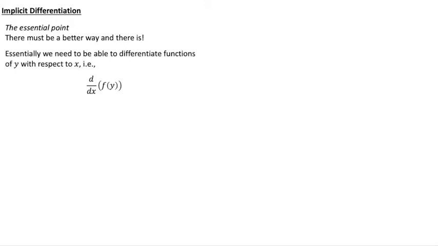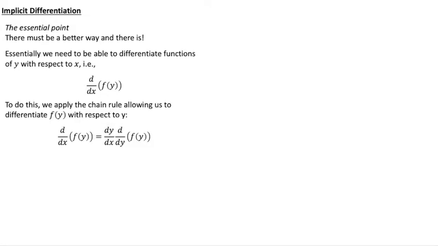So essentially we're wanting to differentiate functions of y with respect to x. So dy by dx is y differentiated with respect to x. The problem we have is we've got functions of y involved in our implicit equation. So we need to be able to do d by dx of a function of y, not just of y itself.